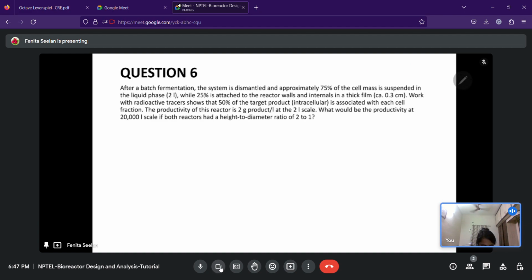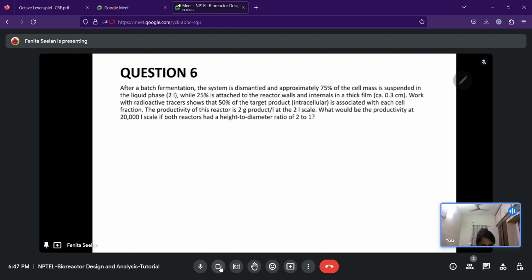For question number 6, after the batch fermentation, the system is dismantled and approximately 75% of the cell mass is suspended in the liquid phase, which is 2 liters, while the 25% is attached to the reactor walls and internals in a thick film.